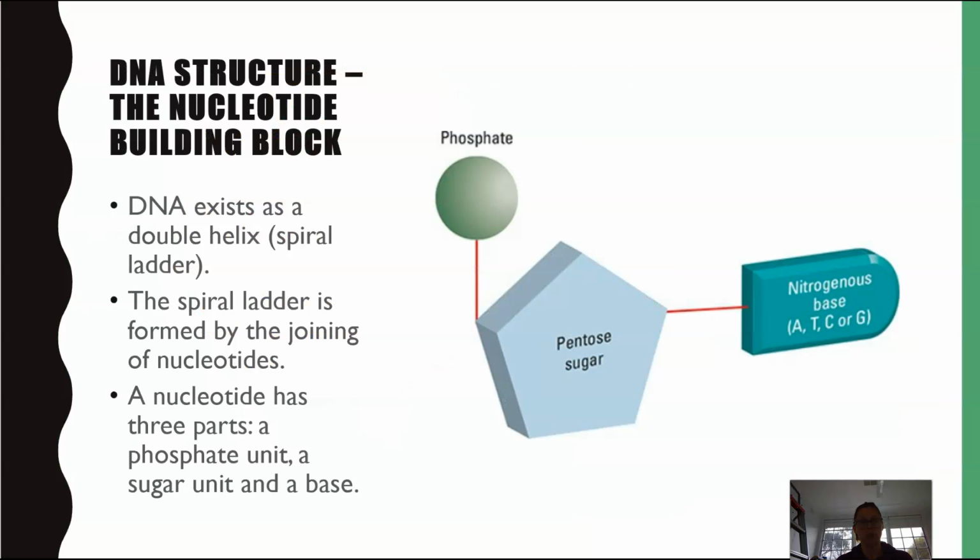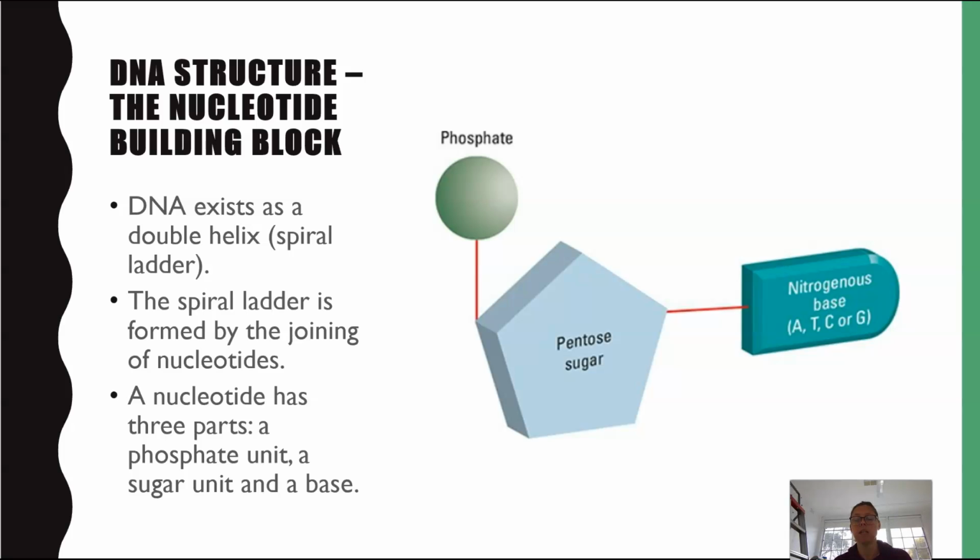So let's have a look at that in a little bit more detail. So, DNA structure: this is our backbone, and these are our bases that make up our rungs. The backbone is made up of a phosphate and a sugar, and our rungs can be made up of any one of 4 bases in any order.